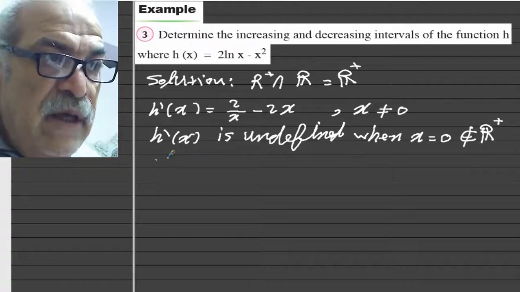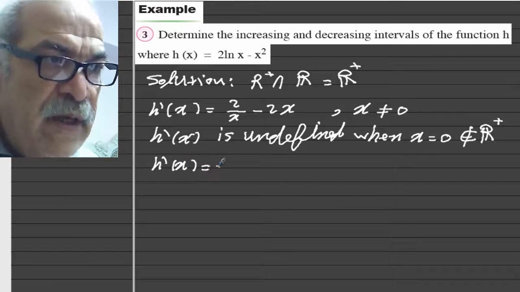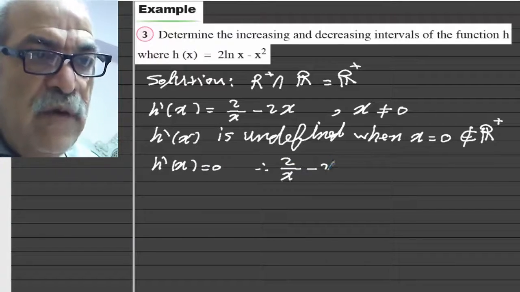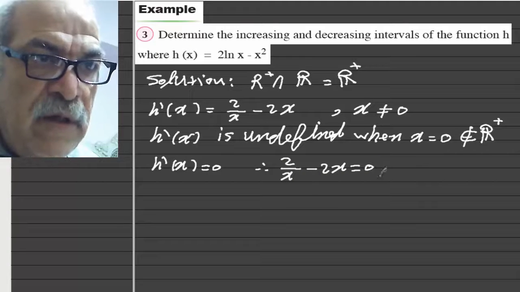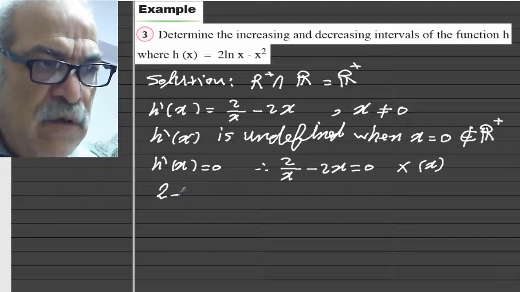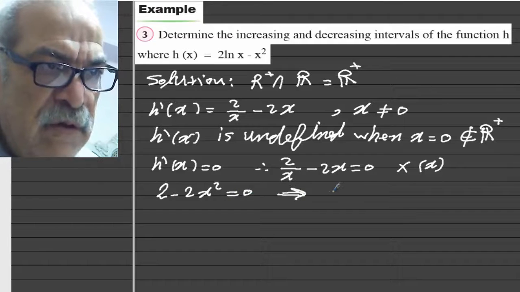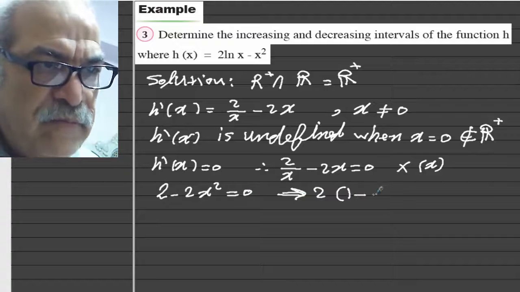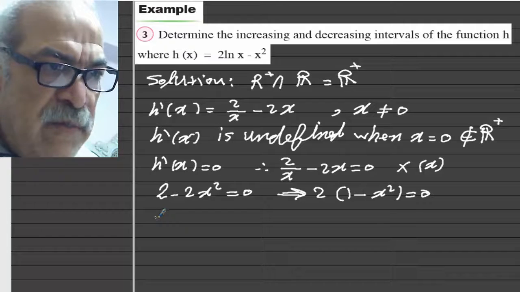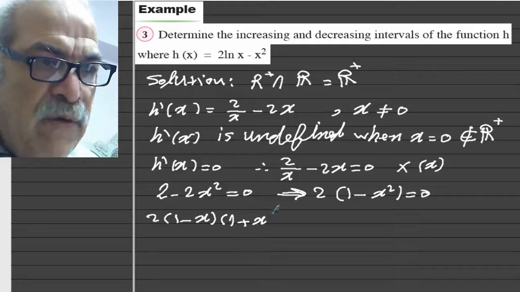Now putting h dash of x equals 0, it means 2 over x minus 2x equals 0. Multiplying both sides by x, what do we get? 2 minus 2x squared equals 0. By taking 2 as a common factor, we get 1 minus x squared equals 0. So 1 minus x multiplied by 1 plus x equals 0.